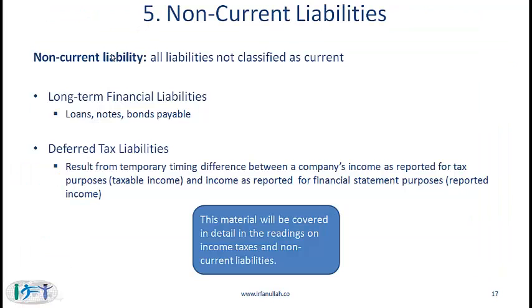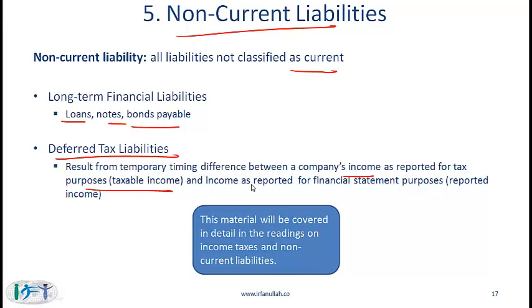Non-current liabilities. All liabilities that are not classified as current are non-current. Under long-term financial liabilities, we can have loans, notes, bonds payables. We can also have deferred tax liabilities. These result from temporary timing differences between a company's income as reported for tax purposes and income as reported for financial statement purposes.